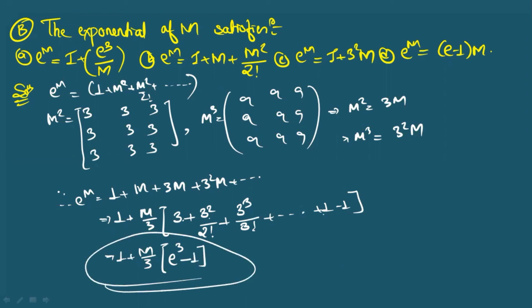So this is the relation: e to the power M equals 1 plus M by 3 into e cube minus 1. So the correct option is option D, e cube minus 1 times M by 3 plus 1.